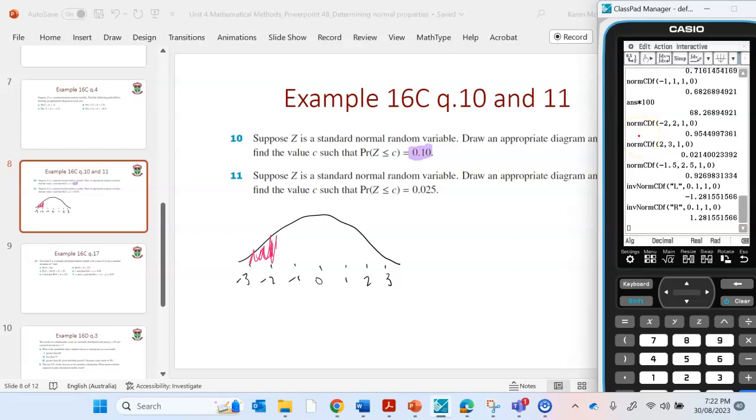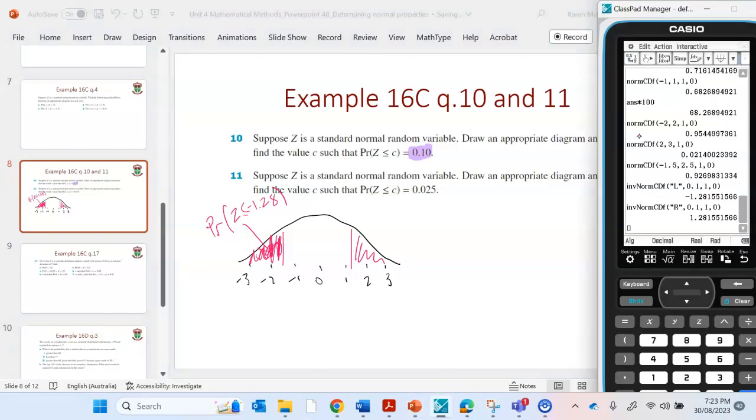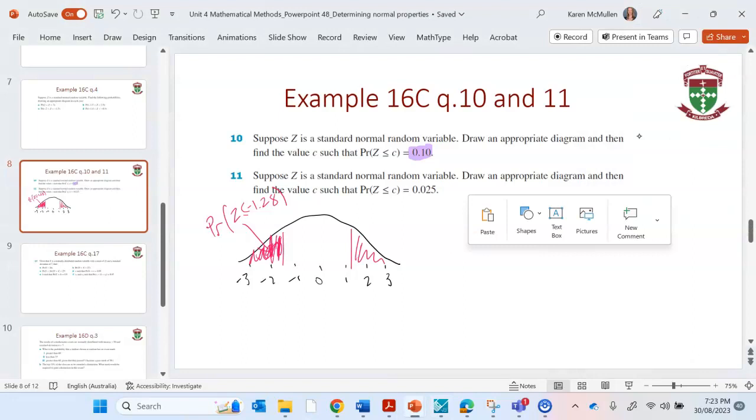So it's basically looking at this area. Remember they're symmetrical, but we want less than C, so it's this area here. So Z is less than or equal to, what was it, -1.28, I think. Let's go back to my calculator. -1.28.